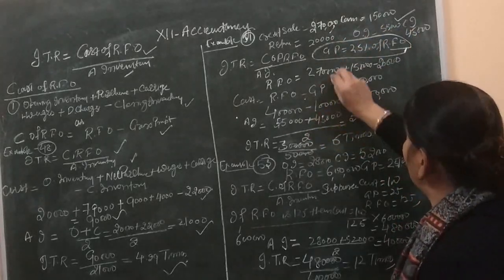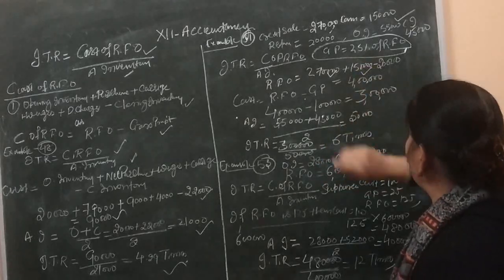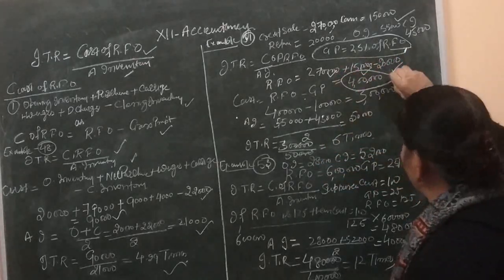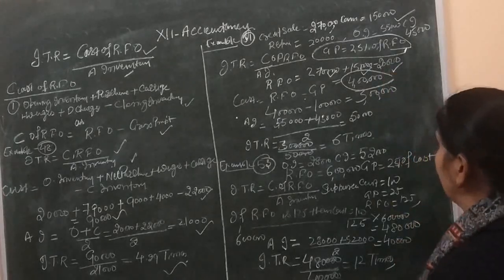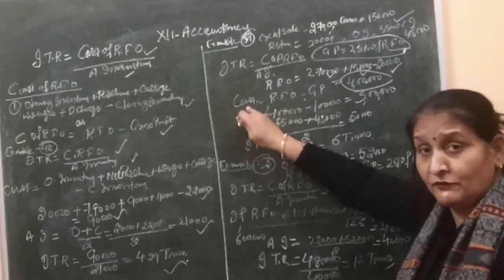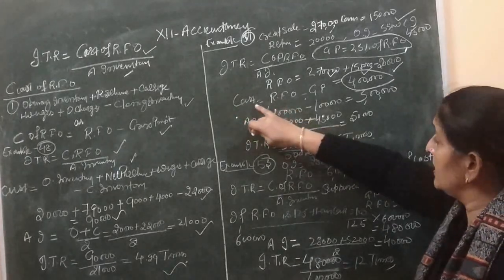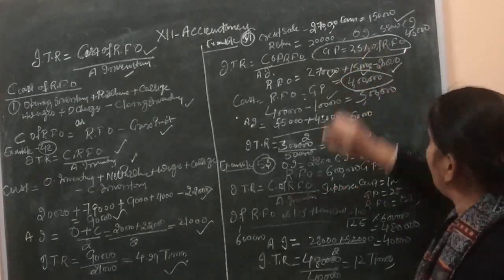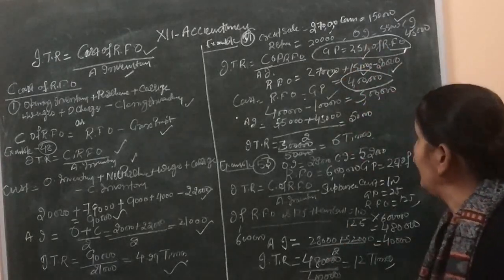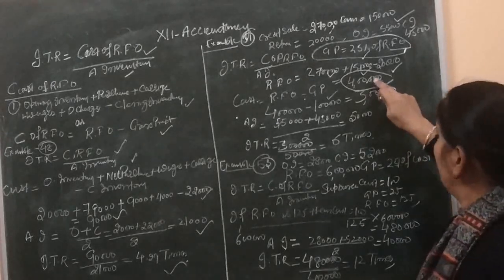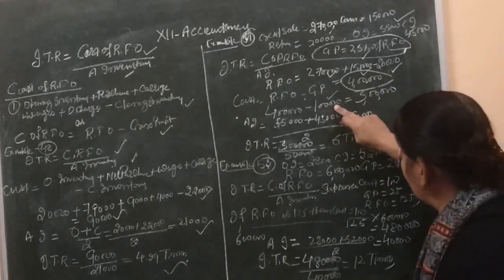That means 2,70,000 plus 1,50,000 minus 20,000. The amount is 4 lakh. So 4 lakh is the revenue from operation, and we have to find out the cost of revenue from operation. Cost equals revenue from operation minus gross profit, and gross profit is 25% of revenue from operation. Revenue from operation is 4 lakh, and 25% of 4 lakh, 1 lakh, is the GP.